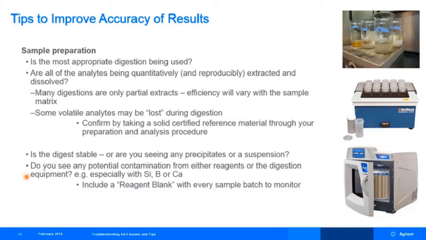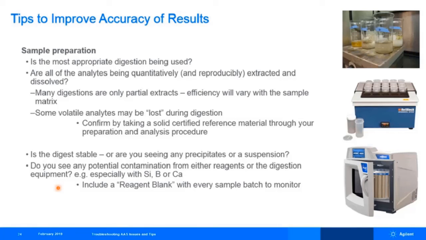Another check that you should use as a way of looking for potential contamination is to work with a reagent blank. And ideally, you should include that with every sample batch that you're measuring. That means you're going to take a reagent water sample through your preparation process and then measure that as a sample.